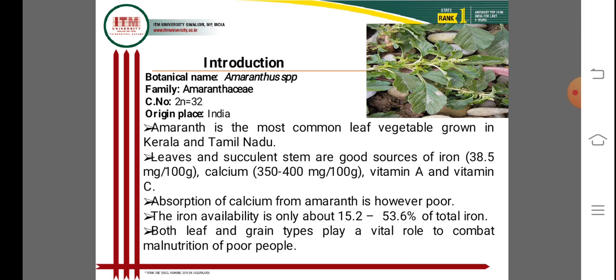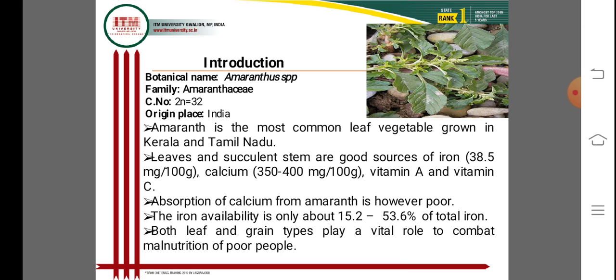It is very important. The next point is that the leaves and succulent stems are a good source of iron, 38.5 milligrams per 100 grams of edible leaves of Amaranthus, and calcium is also present at 350 to 400 milligrams per 100 grams of leaves.